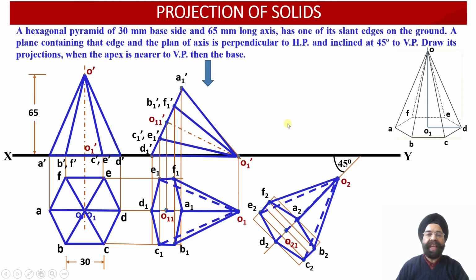So apex, we have been provided that apex should be located nearer to the vertical plane than the base. So base is facing the observer, apex is away from the observer and closer to the vertical plane.